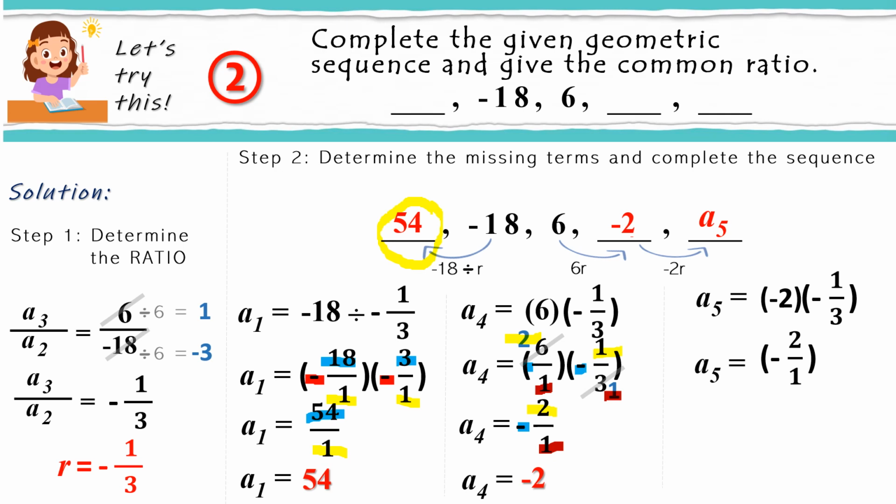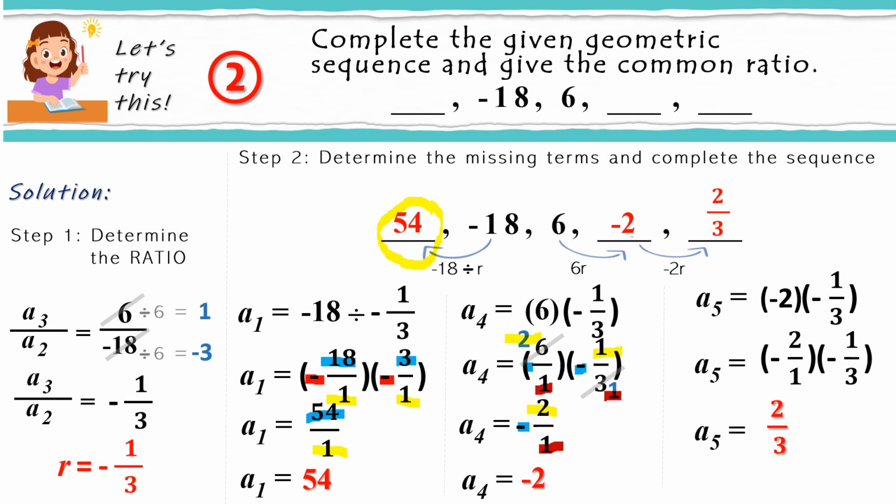So, yan ay negative 2 over 1 times negative 1/3. So, ganun pa rin ang proseso, numerator times numerator. Ang ating numerator is 2, denominator times denominator, which is 3. So, ang ating a sub 5 or fifth term is 2/3.